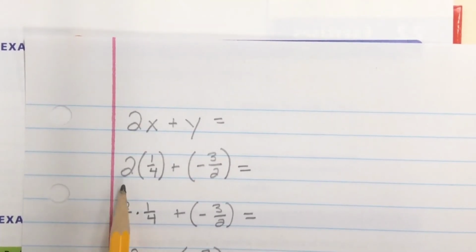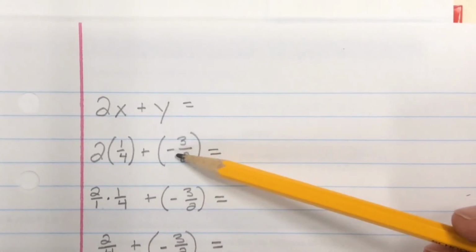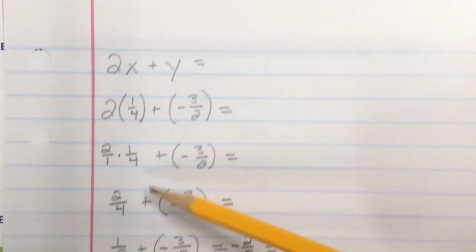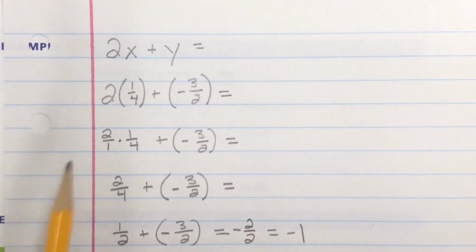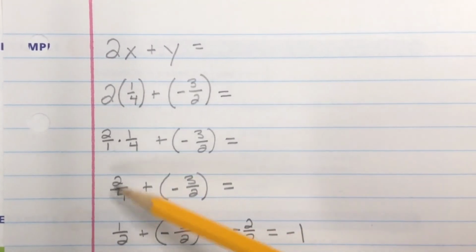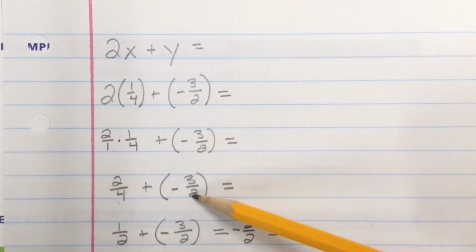Well, now this is 2 times 1/4, which is 2/1 times 1/4. This plus negative 3/2 just kind of follows along because we're not dealing with that part of the problem right now. But we can do this multiplication. Multiplying across the top, we get 2, and multiplying across the bottom, we get 4. So now we have 2/4 plus negative 3/2.